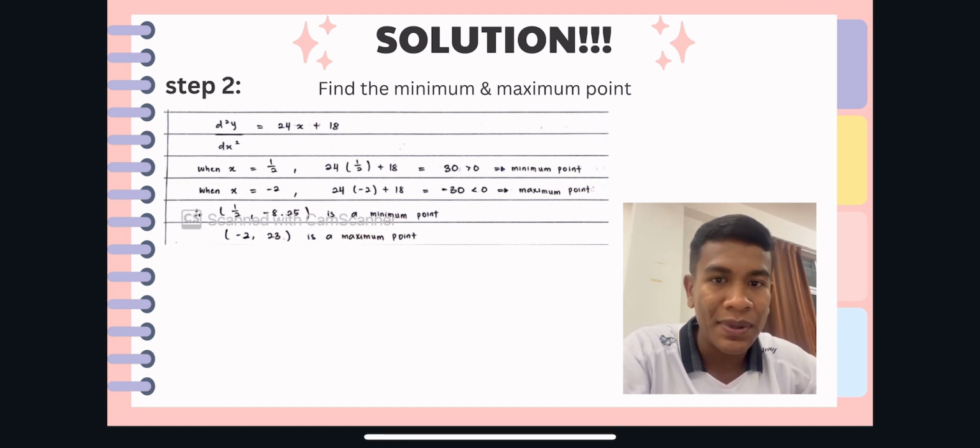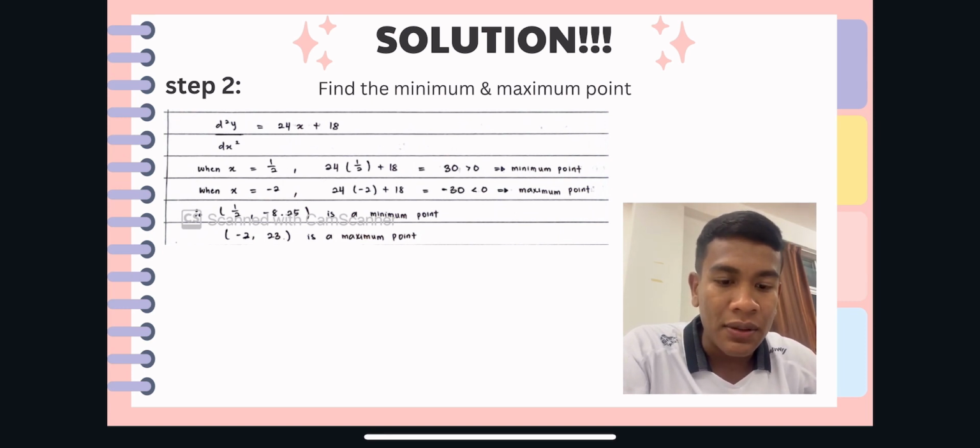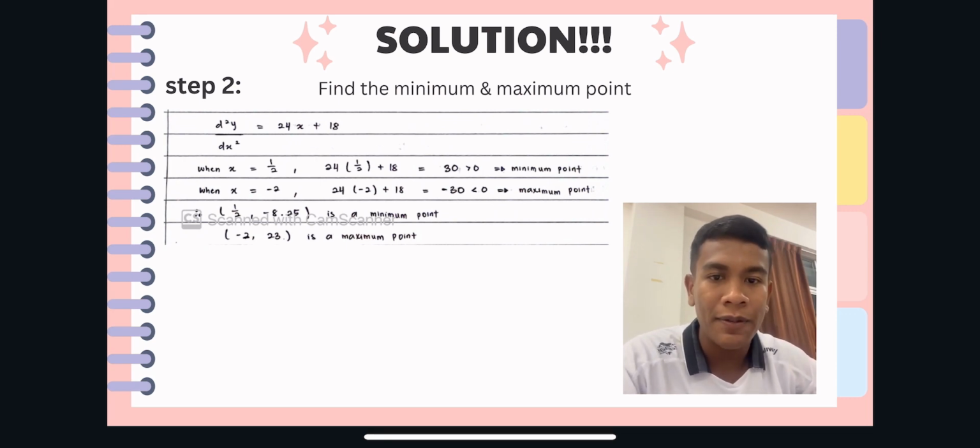After that, we substitute x equals negative 2. We get 24 times negative 2 plus 18 equals negative 30. Negative 30 is less than 0, so it is a maximum point. So (1/2, negative 8.25) is a minimum point and (negative 2, 23) is a maximum point.